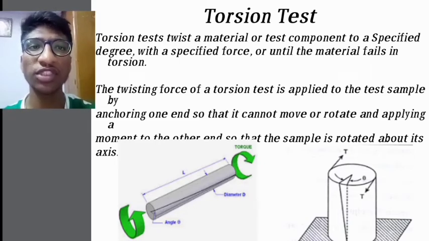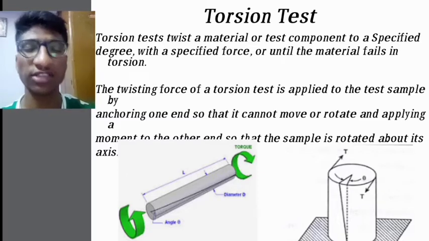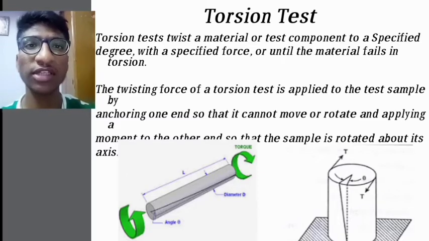When we do the twisting movement, stresses are developed, and the cross section changes. That is shear strain, and the stresses developed are shear stress. So rigidity modulus is equal to shear stress divided by shear strain.